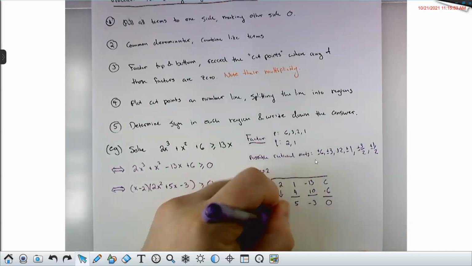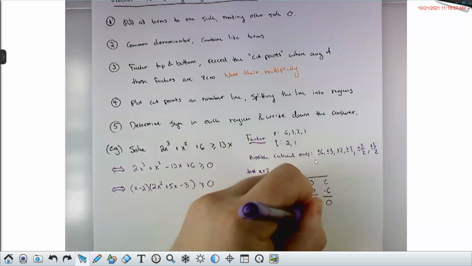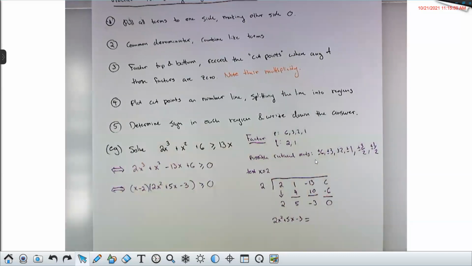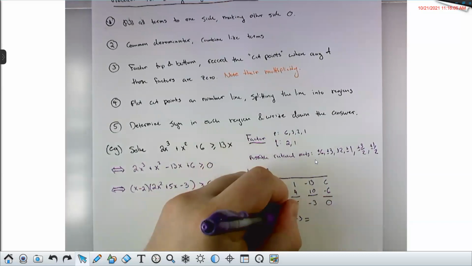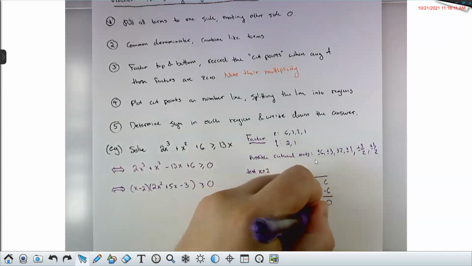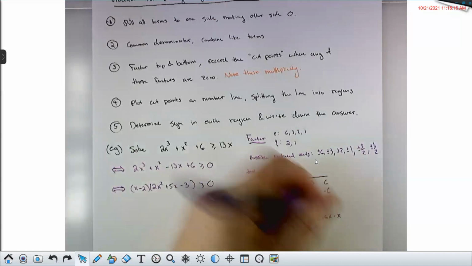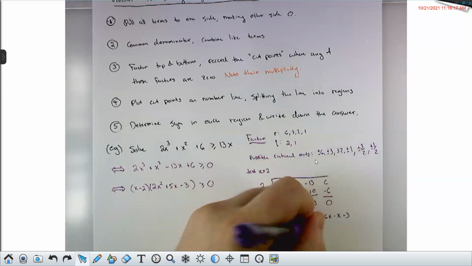So if I'm going to factor 2x squared plus 5x minus 3, I'm going to do that with the AC method. A times c, that's 2 times negative 3, is negative 6. So I need two numbers that multiply to negative 6 and add up to positive 5. Those are positive 6 and negative 1. So I write this as 2x squared plus 6x minus x minus 3 and factor by grouping.